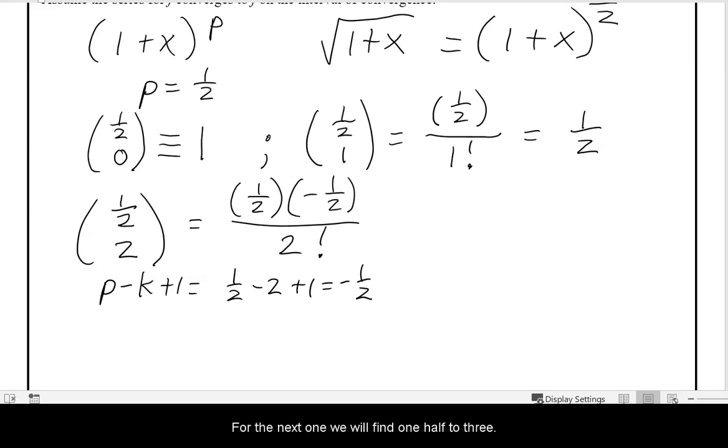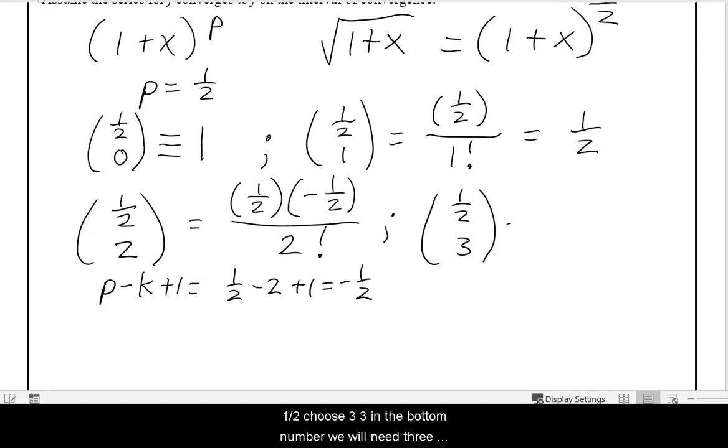For the next one, we will find 1/2 choose 3. For 1/2 choose 3, due to the 3 in the bottom number, we will need 3 factors in the numerator and 3 factorial in the denominator.